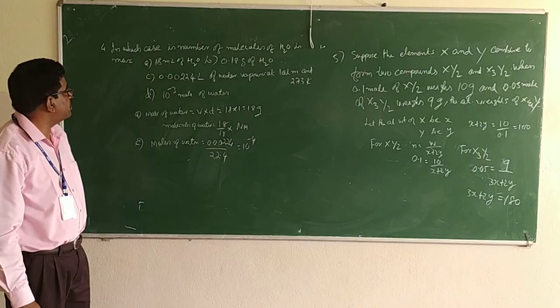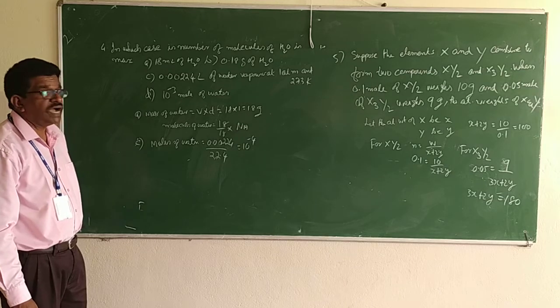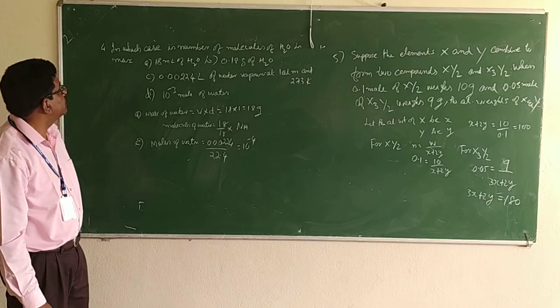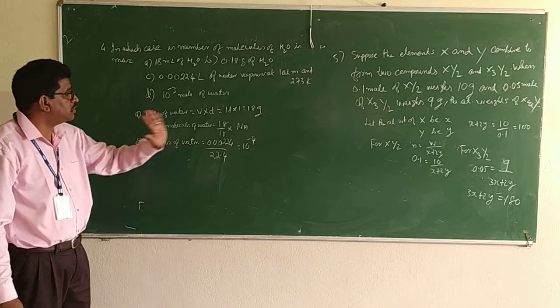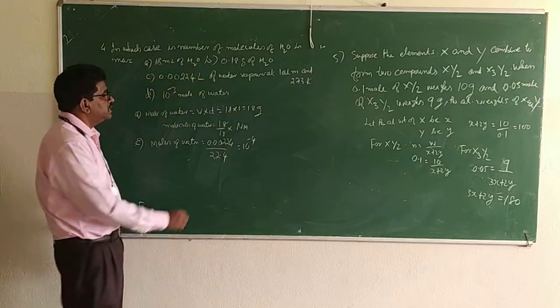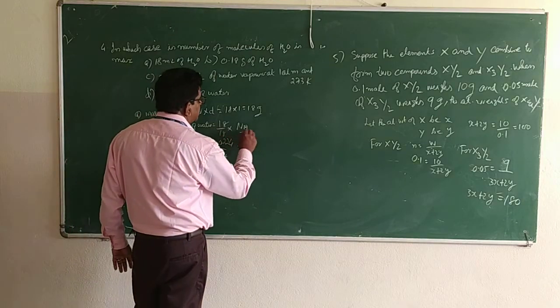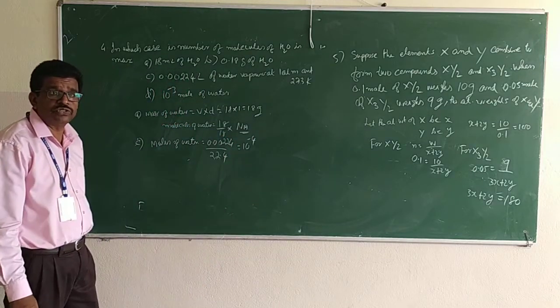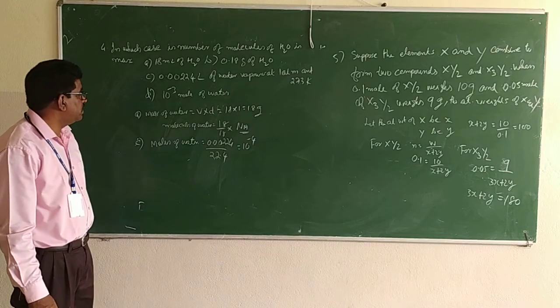So in the case of 18 ml of water, Avogadro number of molecules will be there. Here we are asked in which case the number of molecules of water is more. So in this case, 6.023 into 10 to the power 23 molecules of water will be there.